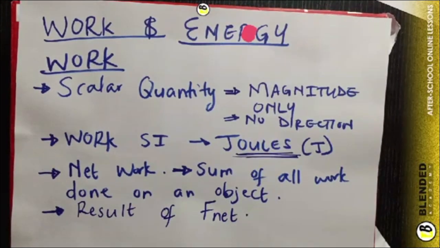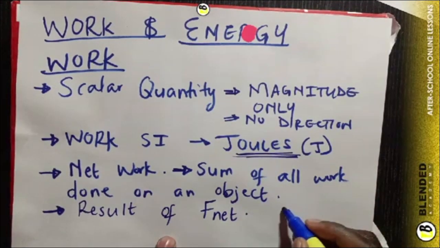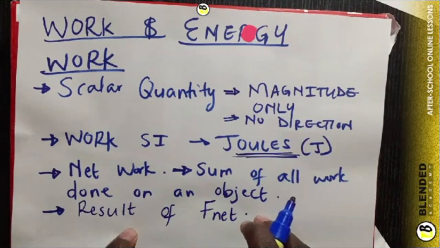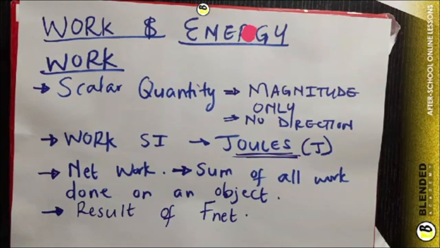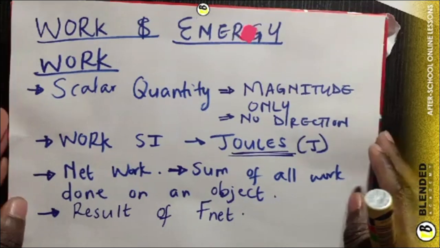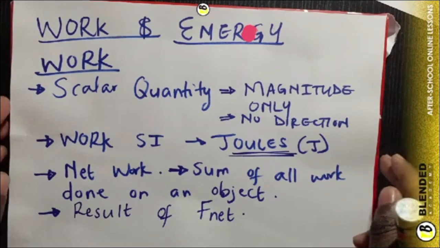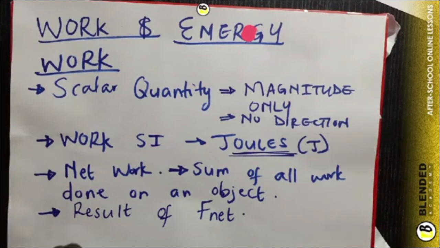So maybe if you're given, for example, the F net, the net force, and then they want you to calculate the net work, you just need to multiply your net force and your displacement, and also the angle between your displacement, or the direction of your work, and your force. You understand? So now let's continue, guys.